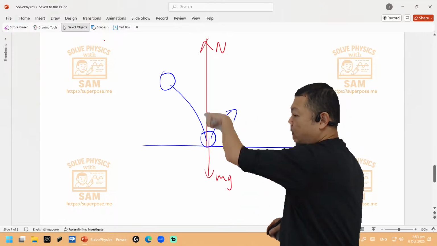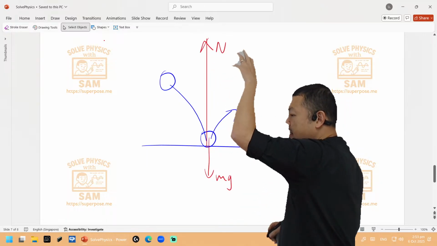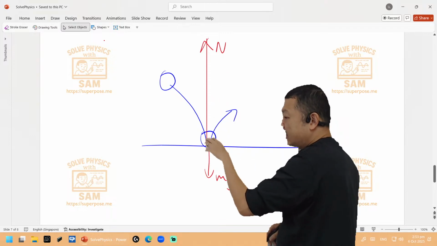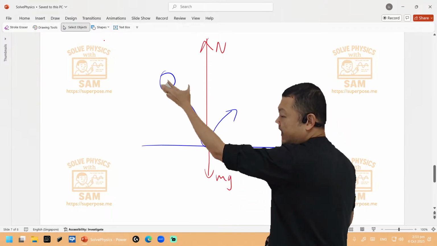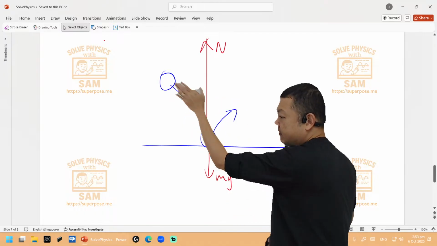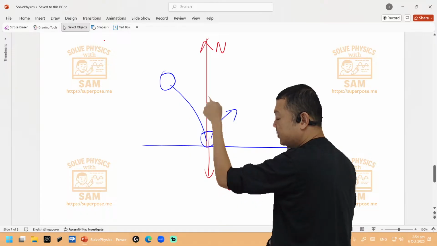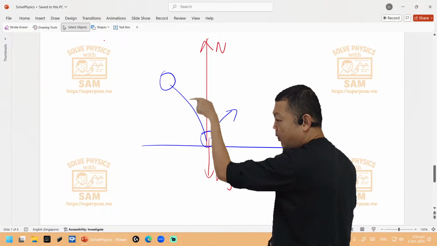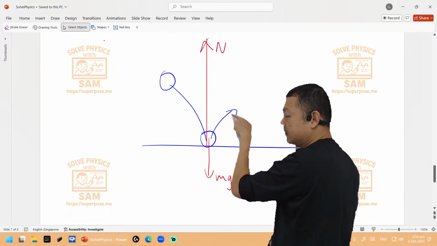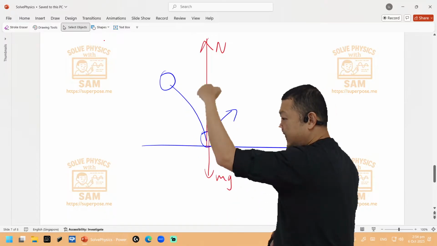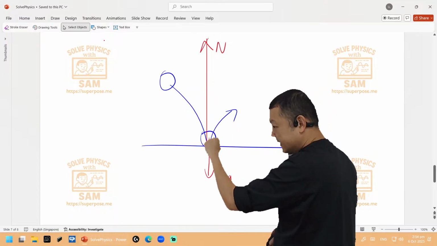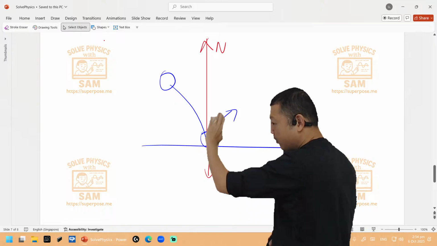Why is the normal contact force so big? Because when the ball bounces, the ball's velocity needs to change direction. It needs to go from going down to going up. How do you change direction? You go down, you stop, then you accelerate upwards.